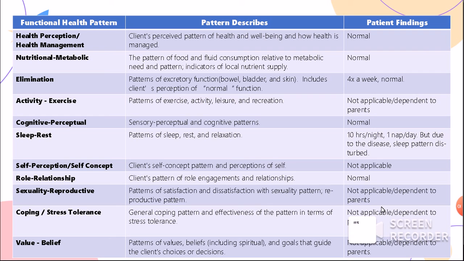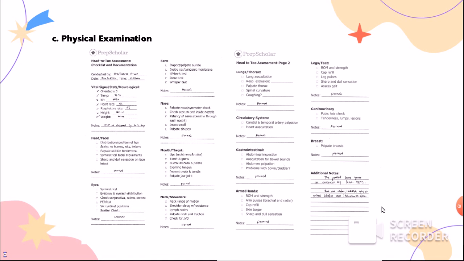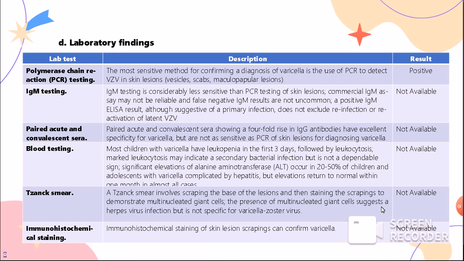So we have here a functional health pattern. Pattern describes the patient findings. The next one is physical examination. And the next one is laboratory findings. We have polymerase chain reaction or PCR testing, which is positive. So blood testing, so Tzanck smear.